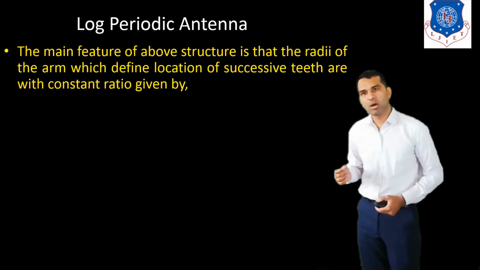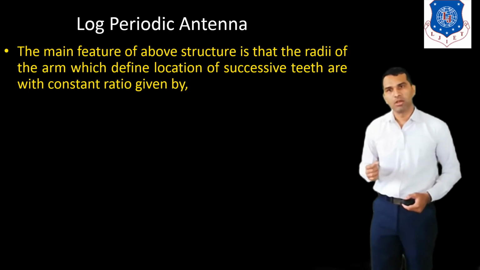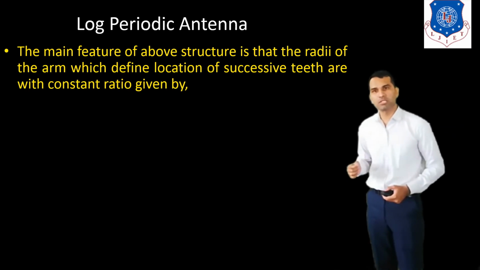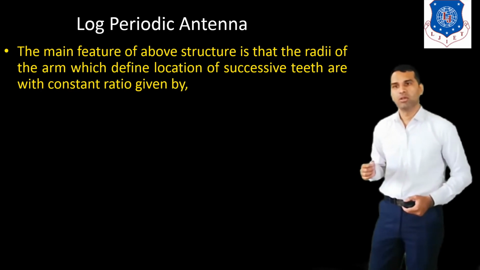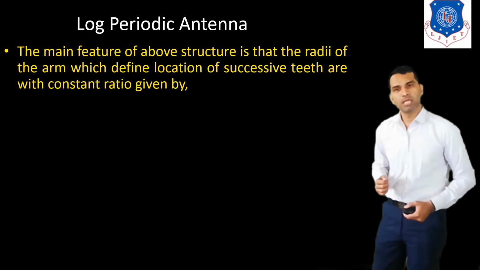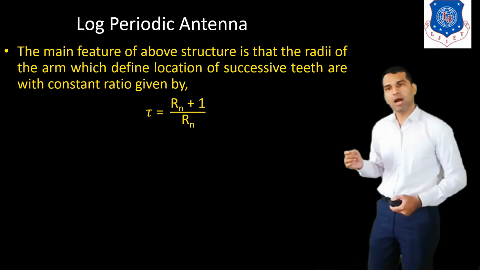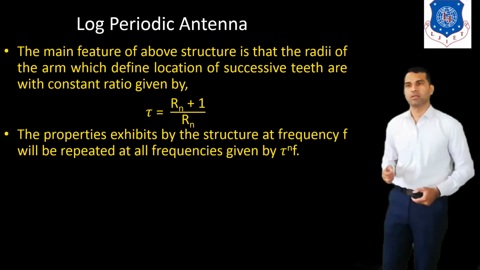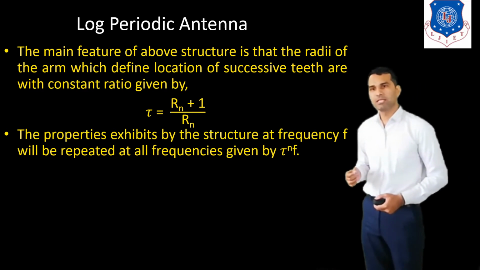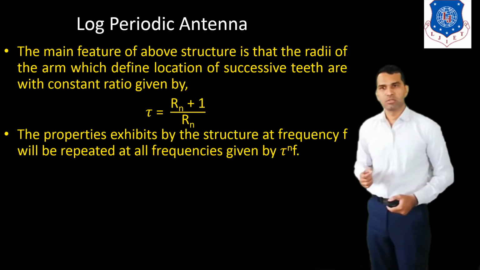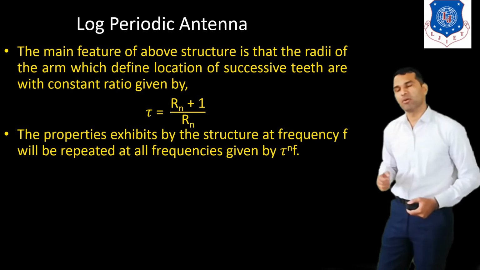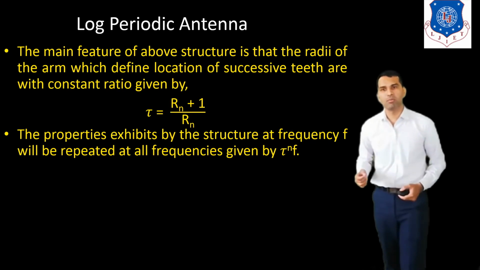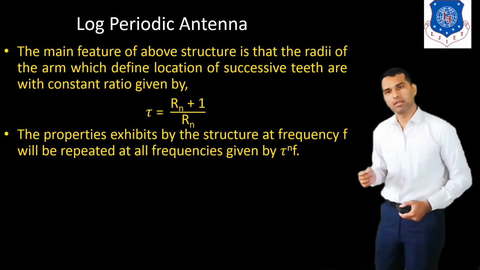The main feature of the above structure is that the radii of the arms which define the location of the successive teeth are in a constant ratio given by tau is equal to R(n+1) upon Rn. The property exhibited by the structure at frequency f will be repeated at frequencies given by tau raised to n times f.